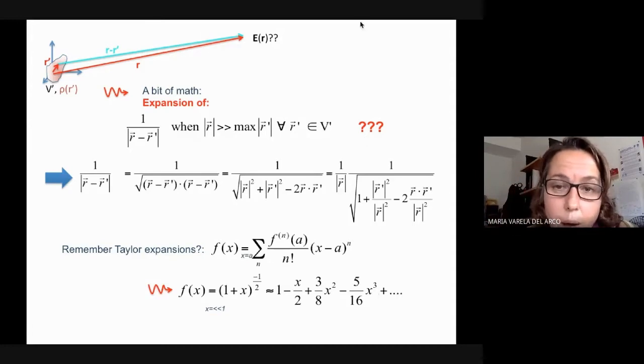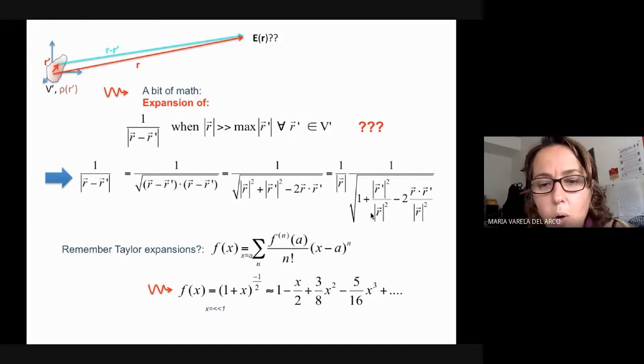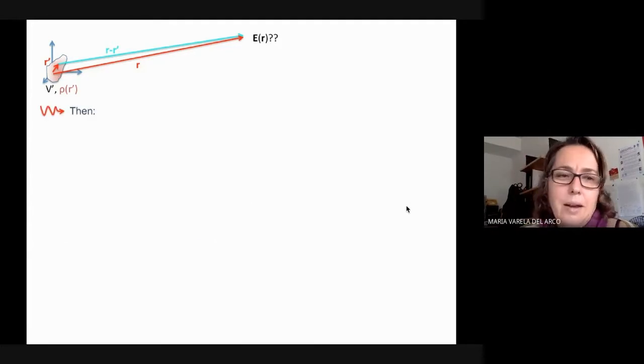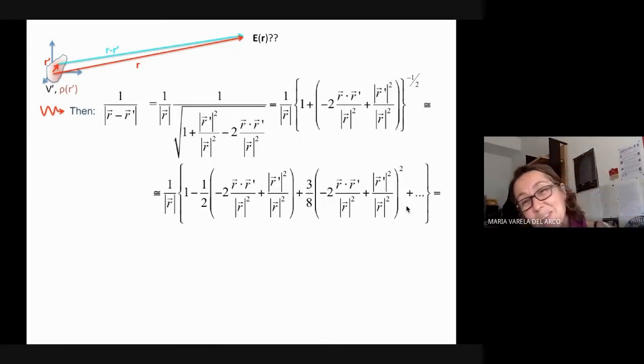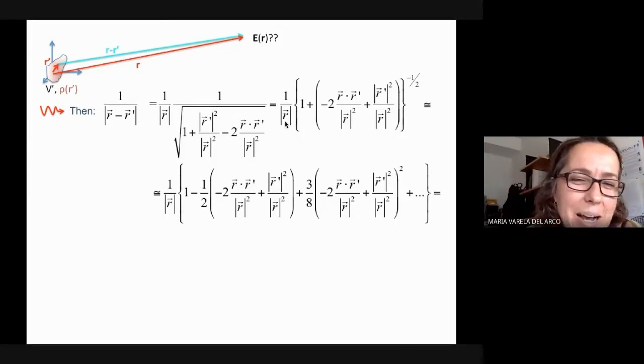Okay, so now I'm going to use this result, but now my x, this tiny thing, inside my square root in the denominator, is going to be all of this thing, which looks quite funny, but it's tiny, so I can do it. Then what do I get? Sorry, what do I get now? Here comes the math.